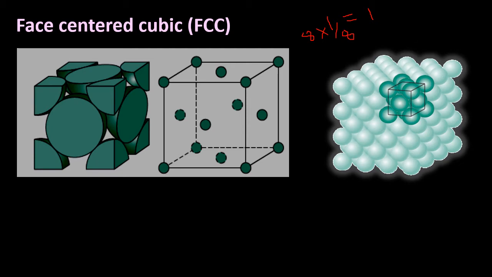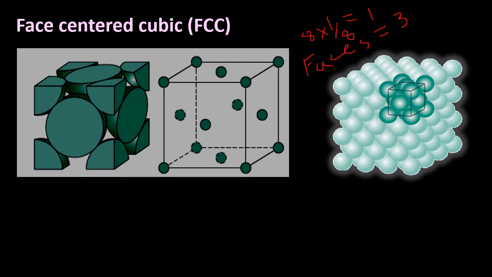And there are 6 face atoms, and each face atom is shared among 2 unit cells. So from the faces, each atom contributes only its half, so there will be 3 atoms coming from the face atoms.